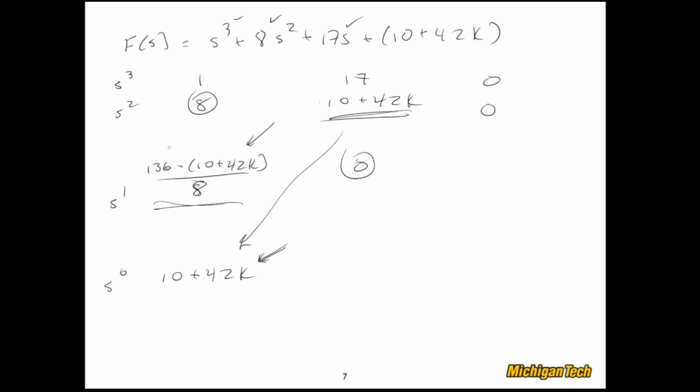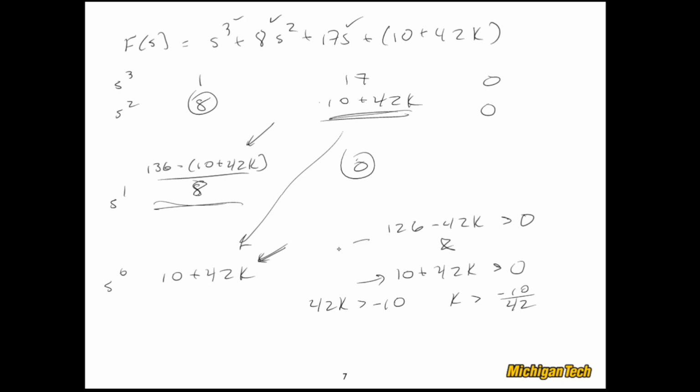So 136 minus 10, that's 126 minus 42K has to be greater than 0, and 10 plus 42K has to be greater than 0. If we look at this one first, what this says is that 42K has to be greater than negative 10, or K has to be greater than negative 10 over 42.